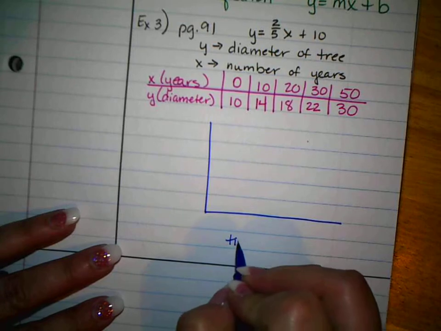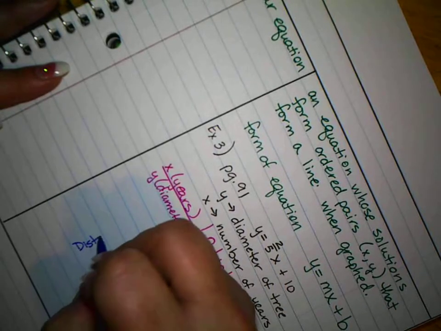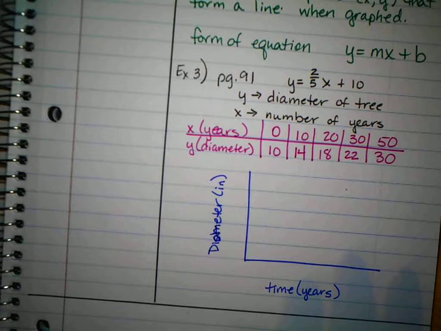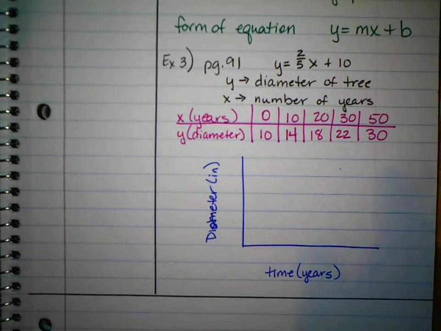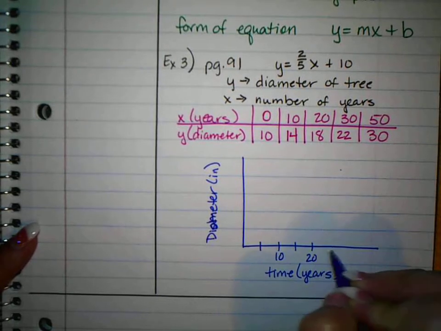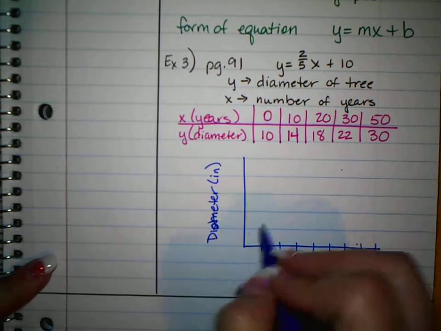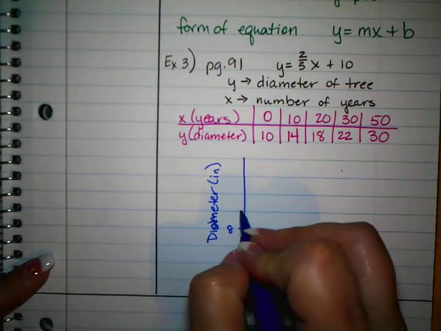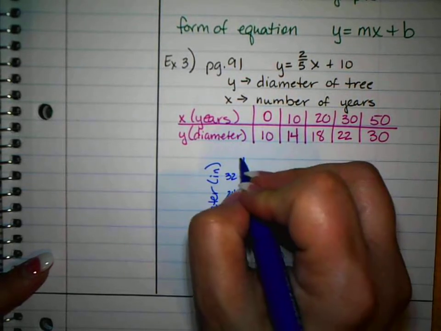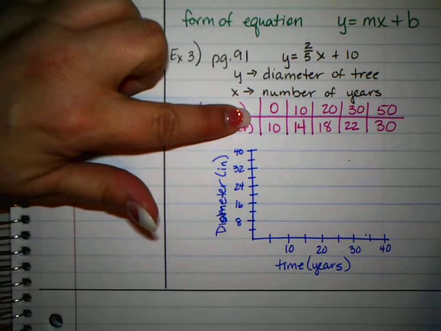Your x is the time in years. y is the distance, or the diameter I should say, in inches. When I go to plot this, I'm going to use these points.